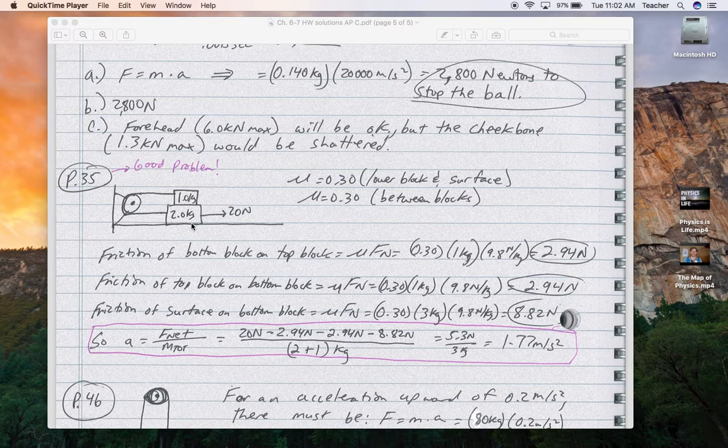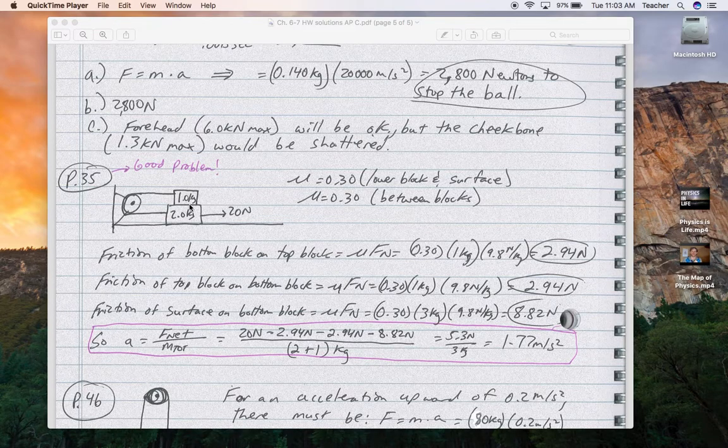So the first thing I want to think about is the friction of the bottom block on the top block. In other words, they're rubbing each other. So that's due to the normal force, which would be 10 newtons. Actually, I think here I use 9.8 for some reason. So 9.8 newtons per kilogram times 1 kilogram times 0.3. So that says that this normal force is 2.94 newtons. Or pardon me, the normal force is 9.8 newtons.